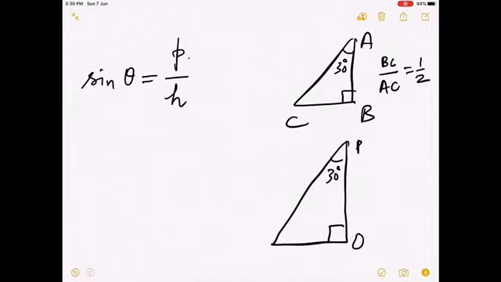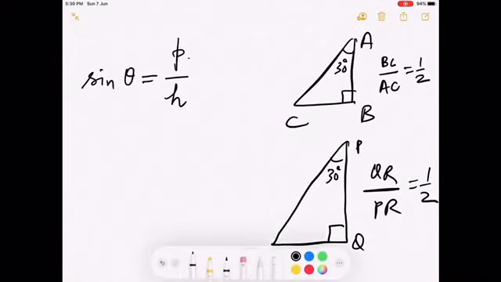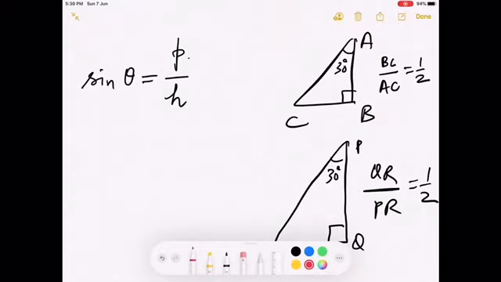If I write down again the ratio of QR upon PR, the value is again going to be half, because here we wrote the ratio of perpendicular to hypotenuse, and here also we are writing the ratio of perpendicular to hypotenuse.